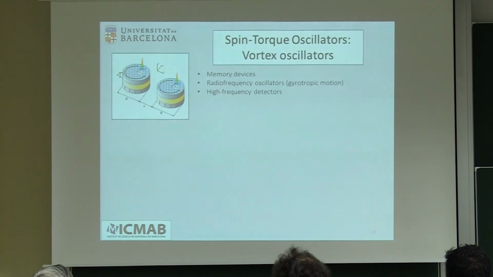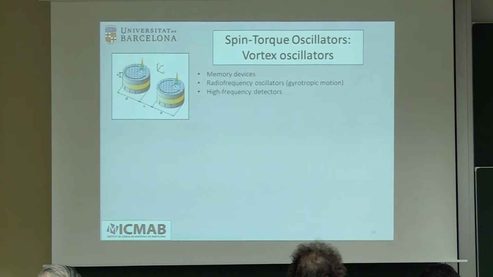Finally, there's one missing object I wanted to tell you a bit about, which is the vortex oscillators. There's a lot of work done on that in pattern recognition, I think in Julie's group and other people.